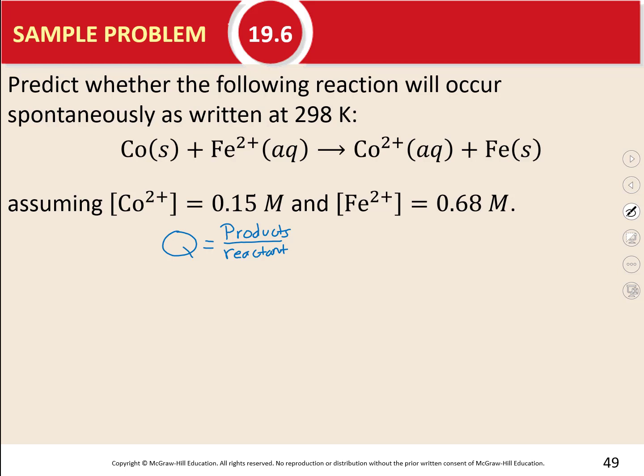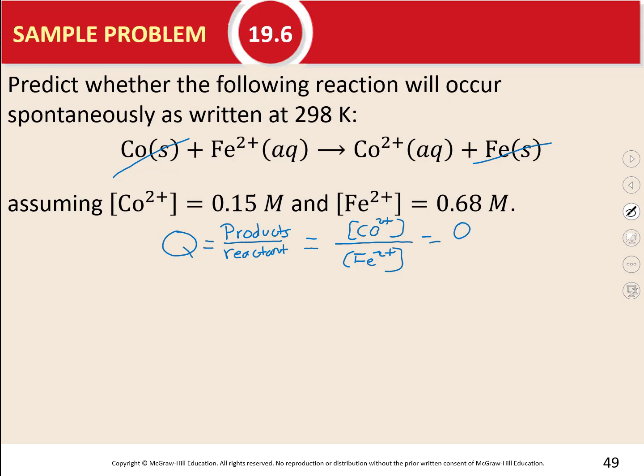In this case, which one is going to be the product that goes on top? Good, Co2 plus, so the concentration of Co2 plus. And then we can ignore iron solid because solids don't belong in the reaction quotient. What goes in the bottom? Good, Fe2 plus goes in the bottom. And then we ignore cobalt solid because, again, solids don't appear in the reaction quotient.